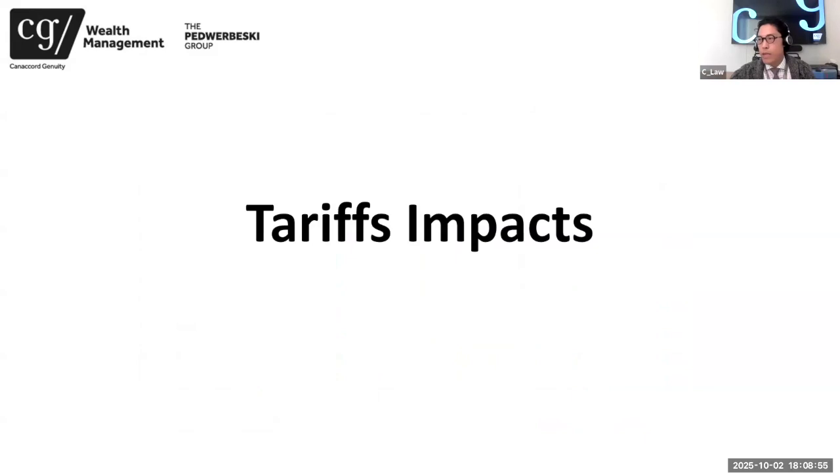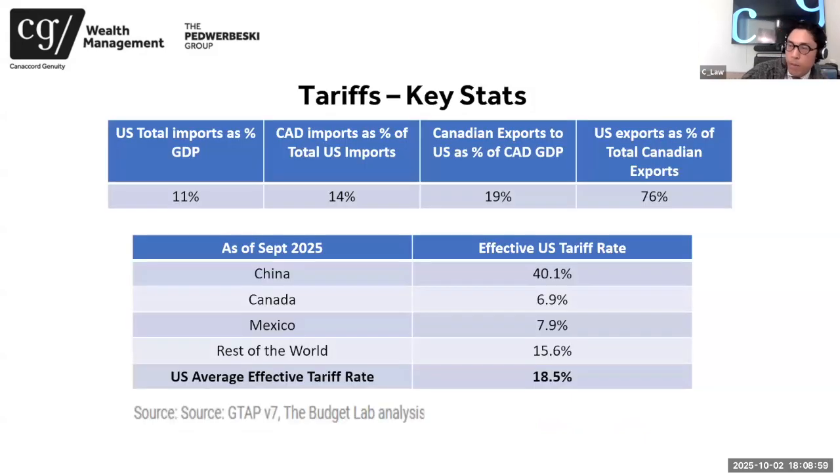Okay, so moving along to the impact of the tariffs. A couple of interesting statistics. Right now, US imports as a percent of their GDP are about 11%, and Canada's imports as a percentage of US imports are about 14%.